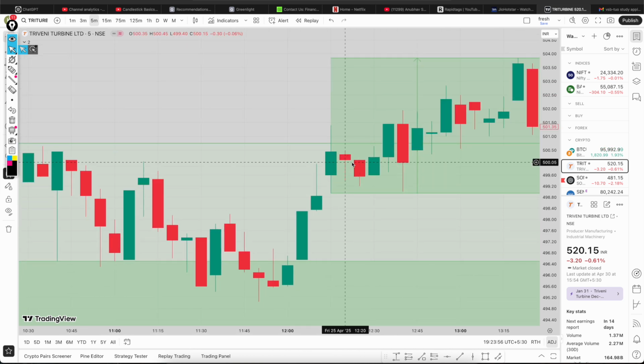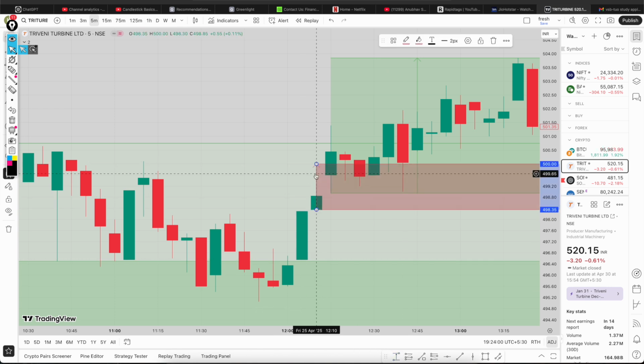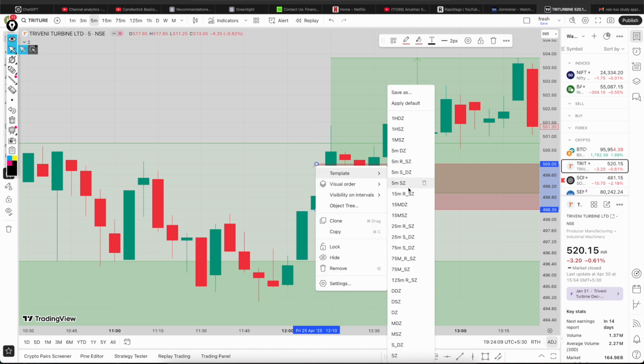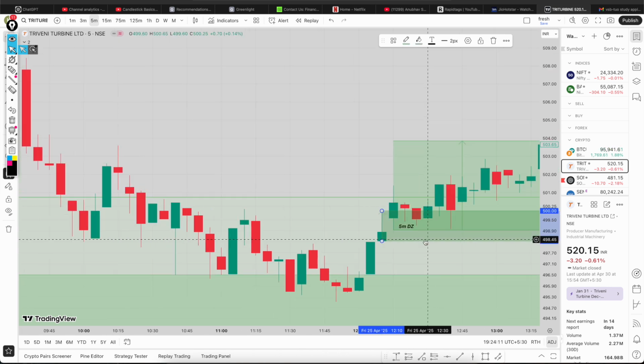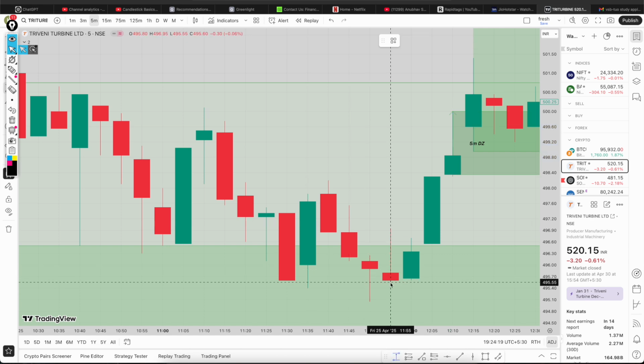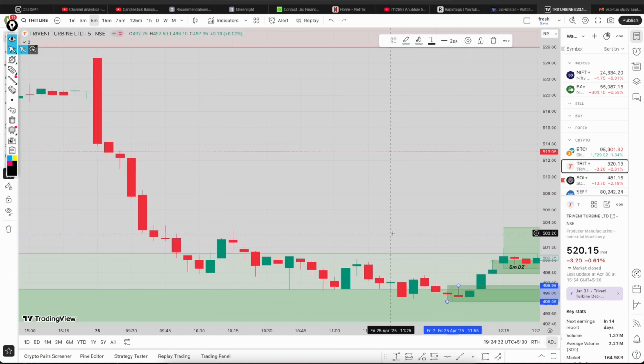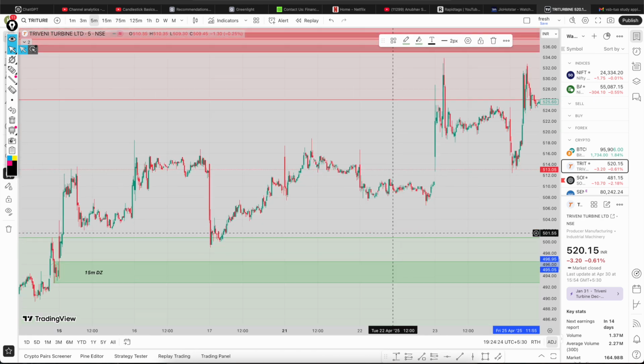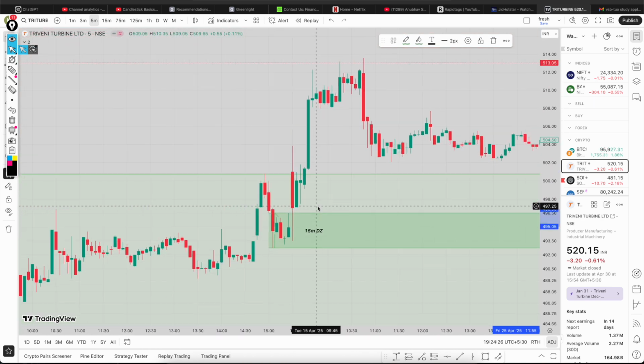One zone I can see over here: a rally, one base candle and a rally candle, but the movement after that is not that great. So I'll keep this, and we'll see how it goes. Now others are this drop, or this drop, base and rally candle. One more zone is there. And if we go much further back in time, we have other zones as well.